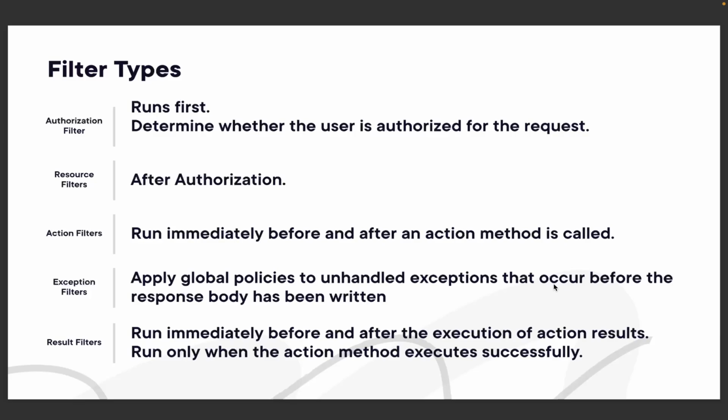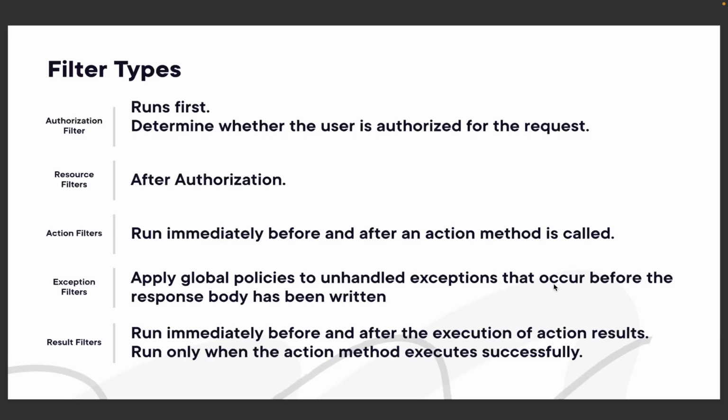These are the common filter types. As I mentioned earlier, once authentication has passed during the middlewares, then it should be authorization. First we have to authorize that particular request, actually the user. So authorization filters run first and determine whether the user is authorized for this request or not. After the authorization filter runs, the resource filter executes.